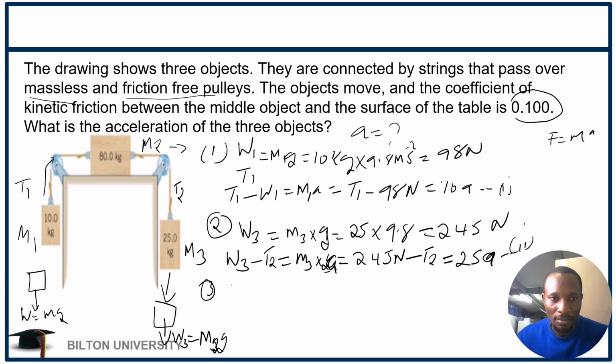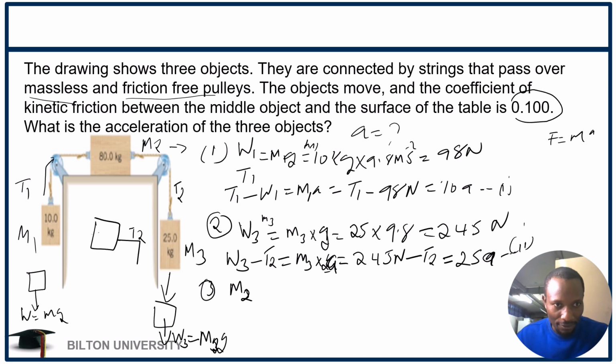Forces acting on mass 2. Here we looked at mass 3, M3, and here we looked at M1. Now, if you look at the forces on mass 2, there are four forces acting on it. We have T2 acting on it.